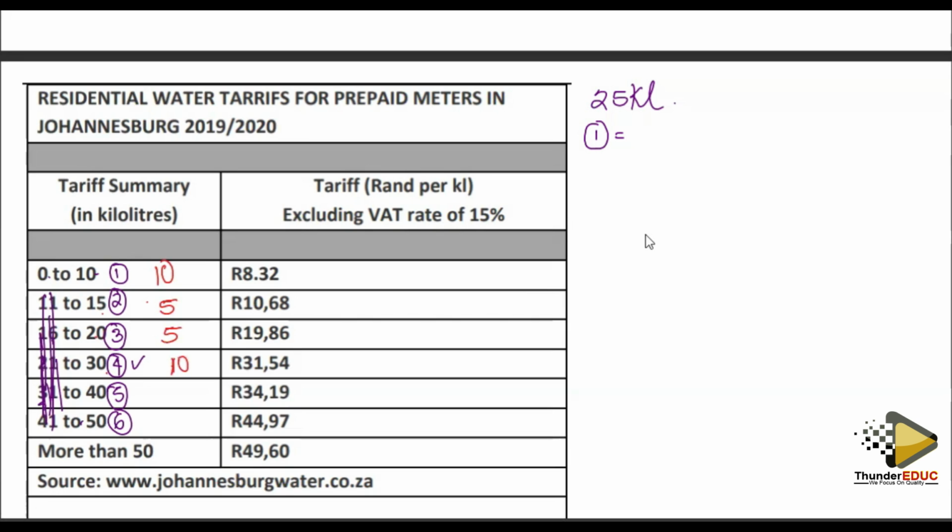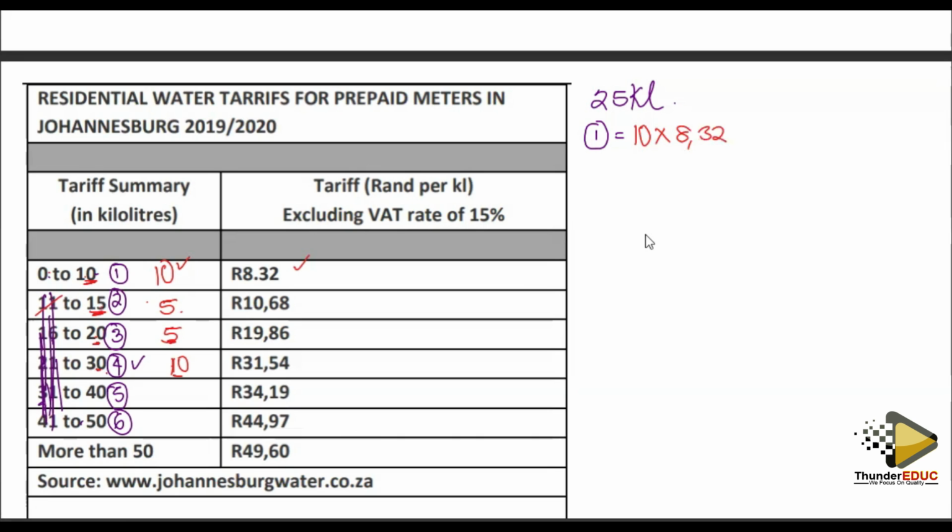From 0 to 10, indeed it's 10. Then from 11 to 15, we don't look at 11. We just get 15 minus the 10, you get the 5. The 20 minus 15, you get the 5 here. The 30 minus that, you get the 10. Anyway, so block number 1, we shall take our 10, which is the maximum, times the money each.